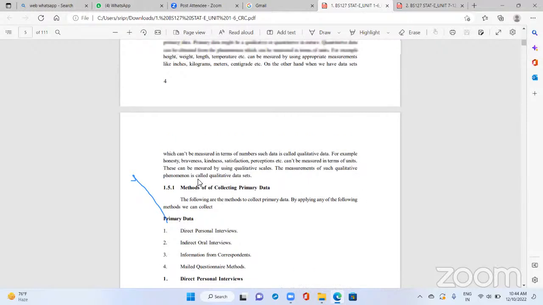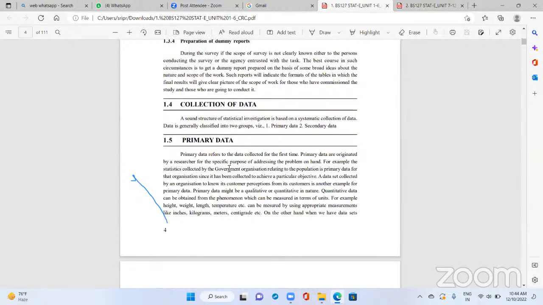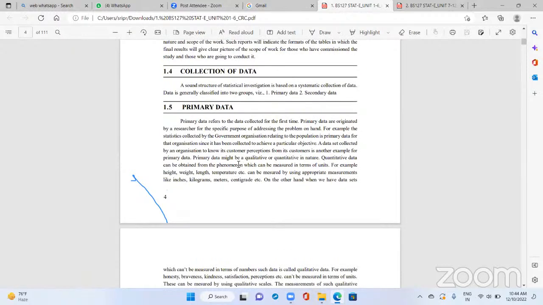So now coming to primary data. Primary data means the agencies or persons collect the information for the first time. Suppose, for example, the KCR government was formed on 2nd June 2014.